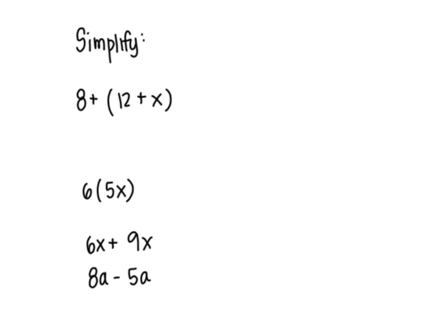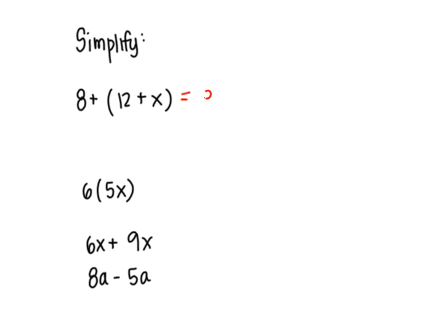They ask you 8 plus parentheses 12 plus x parentheses closed. You'll notice that there is a plus in front of the set of parentheses without a number. So that means, since there's not a number directly in front of the parentheses, all you have to do is drop the parentheses and add them.